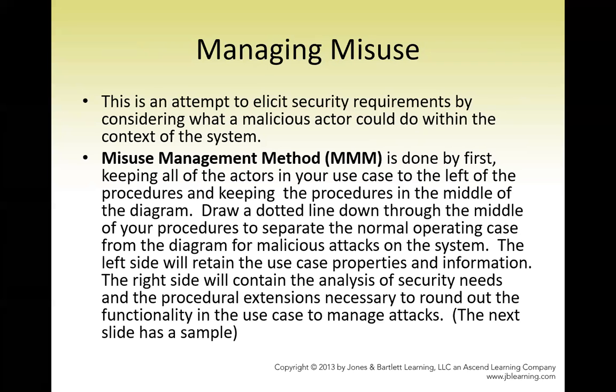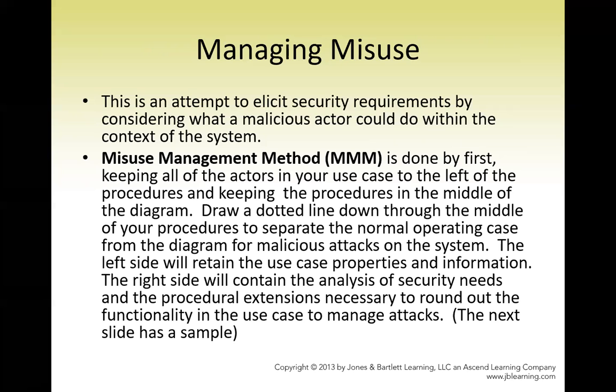Draw a dotted line through the middle of the procedures to separate the normal operating case from the diagram of malicious attack on the system. The left side will retain the use case properties and information.